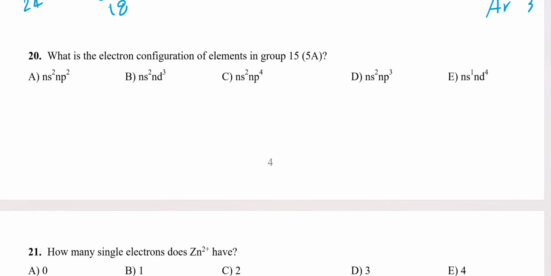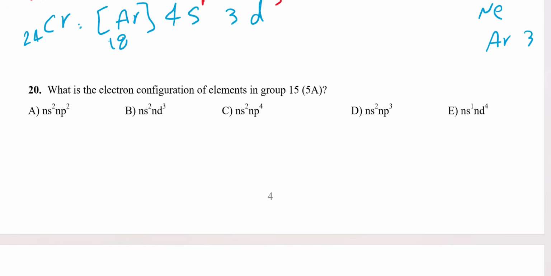For question 20, it says what is the electron configuration of elements in group 15 or 5A? When it's 5A, it means in our valence shell we should have 5 electrons. And here we have 4, here we have 5, here we have 6, here we have 5, and here we have 5.